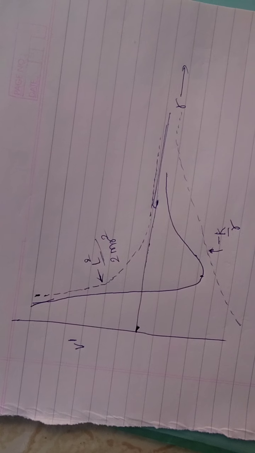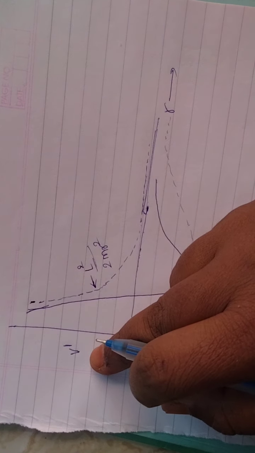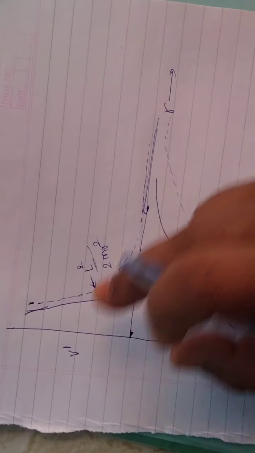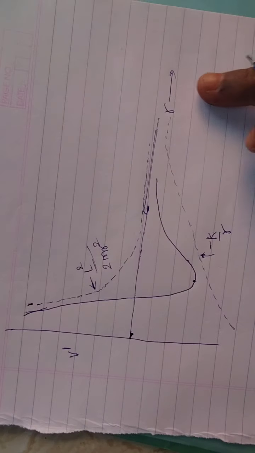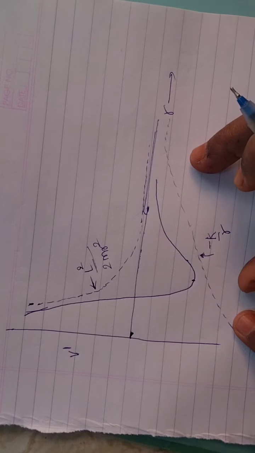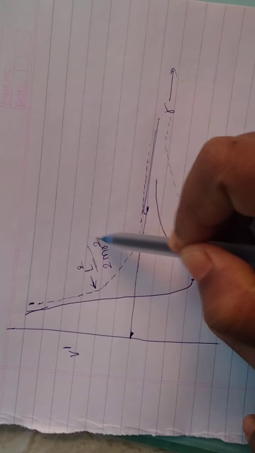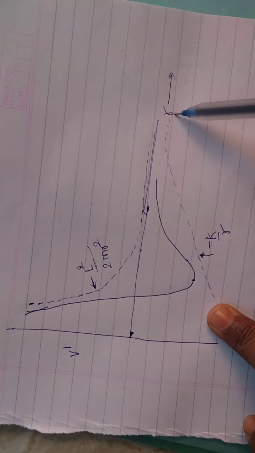Okay, so when we consider the potential energy curve, V dash is the effective potential, and we have plotted this effective potential against r. This is the nature of this graph. I have plotted this centrifugal term as a function of r here.